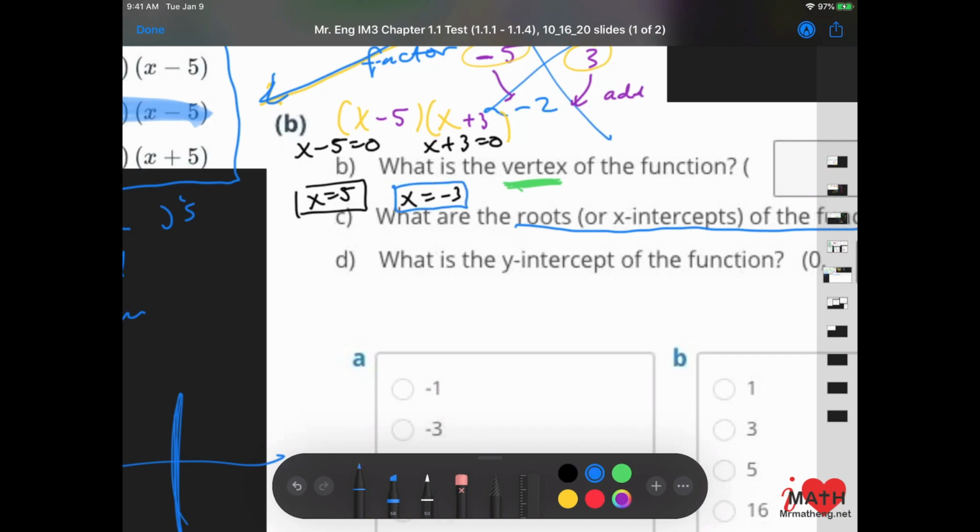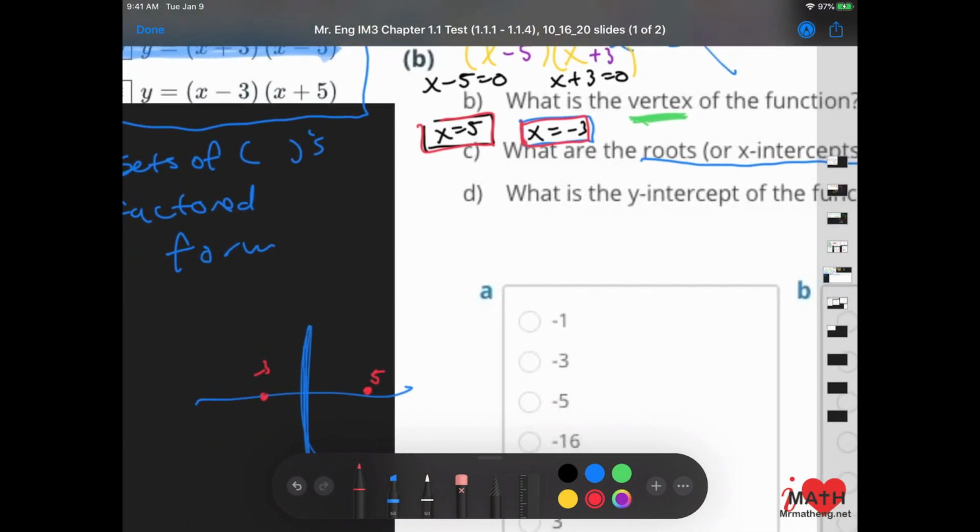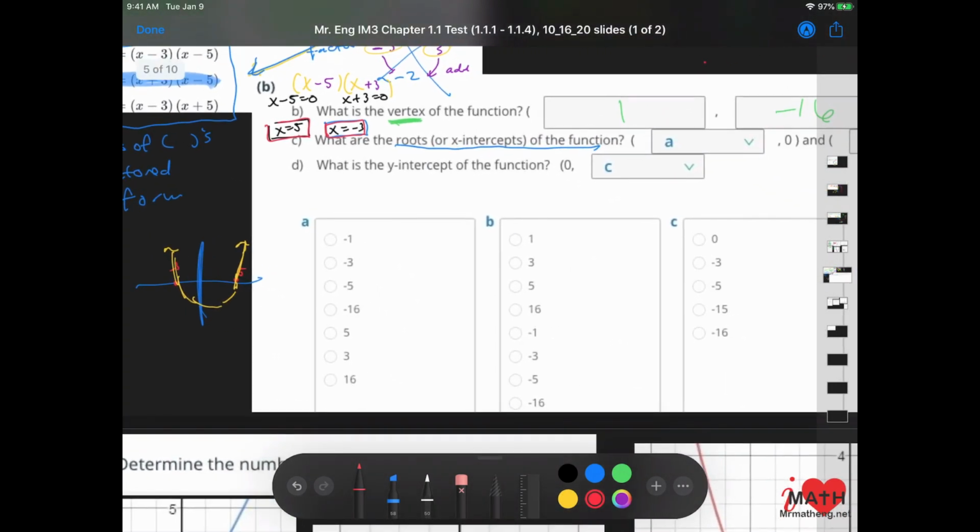Let's use red. These are my two answers, 5 and -3. So your graph's doing something like this. The red dots are our roots, which are 5 and -3.